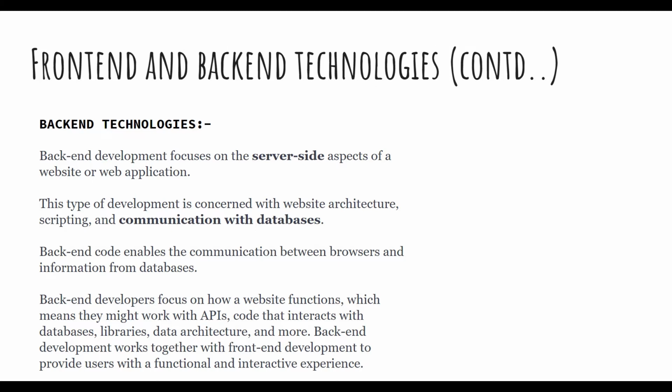So, backend has two aspects. One is the server side aspect and the other is the database aspect. In the server side aspect, what we do is a communication between the front end and the server and the database. So it's a link between front end and server and database.